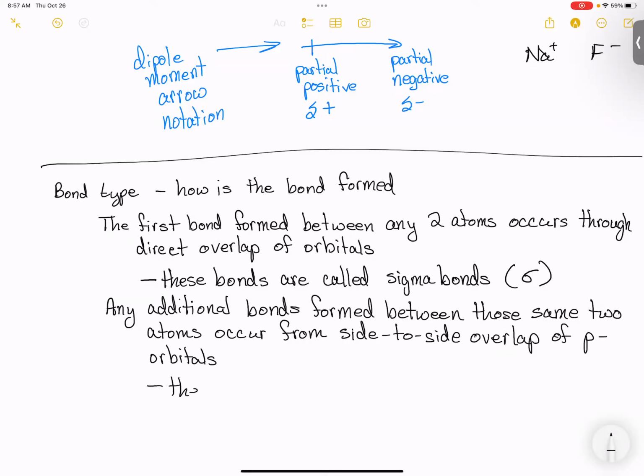These bonds are called pi bonds, and are represented with the lowercase pi.